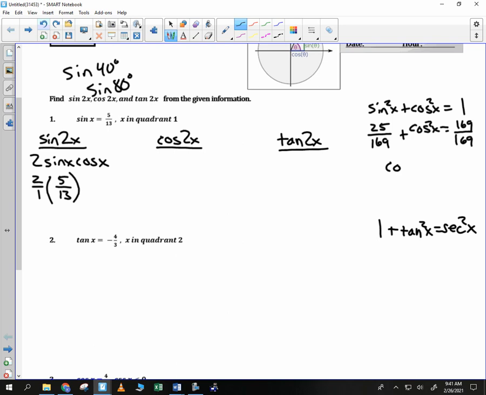I get cosine squared of x is equal to 144 over 169. Now what? Square root. So cosine of x is equal to positive or negative 12 over 13. Is it positive or negative? If I'm in quadrant 1, they are all positive.